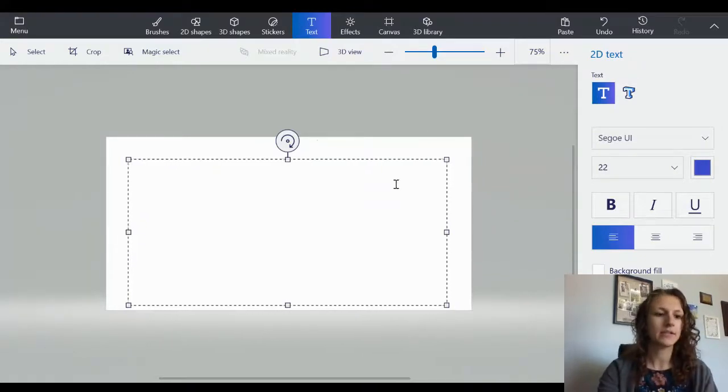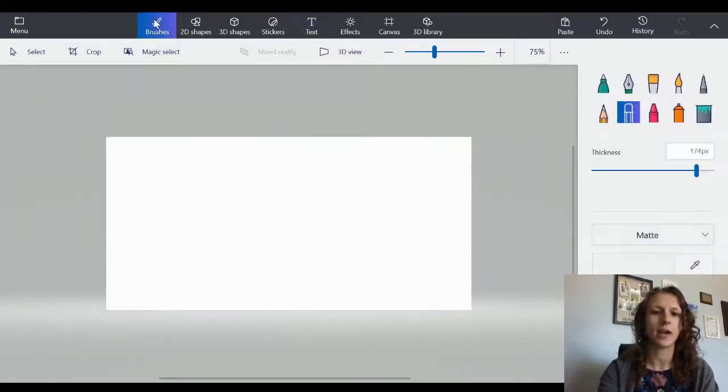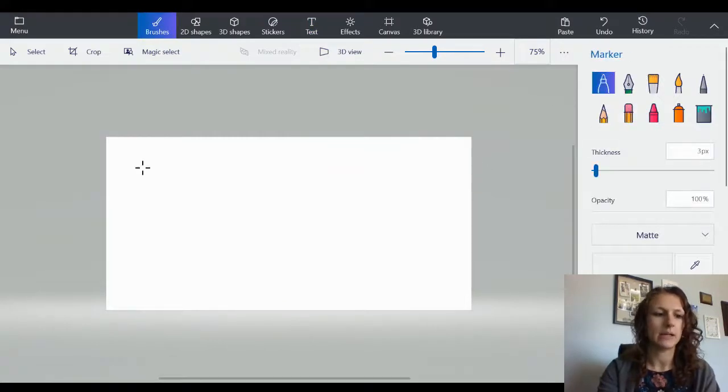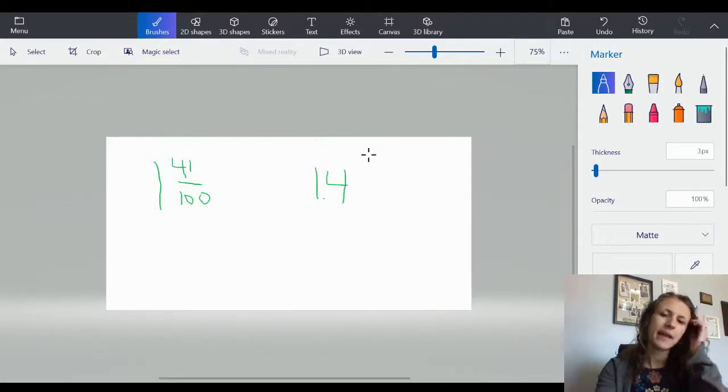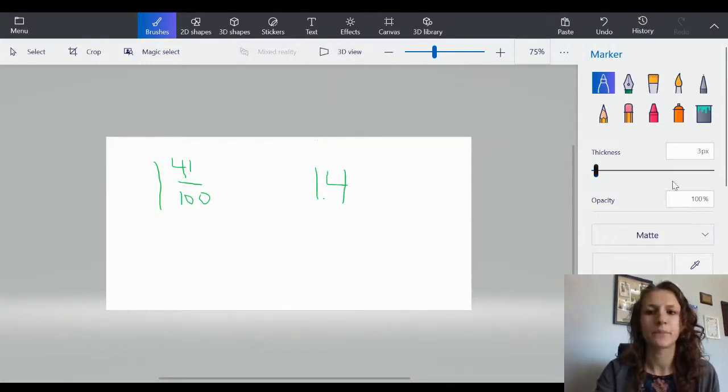So let's go ahead and start, and let's first think about two mixed numbers, specifically 1 and 41/100ths versus 1 and 4/10ths. We want to compare, which means I'm going to be using my alligator mouth to show which one is greater.